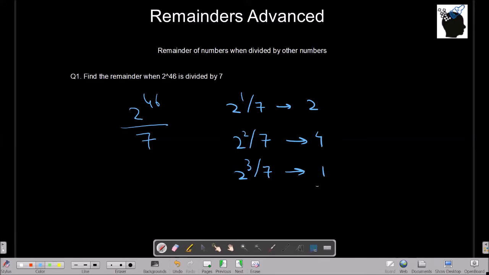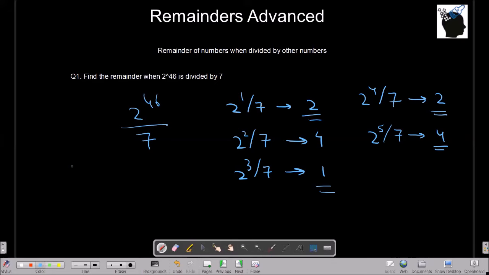Now notice that whenever you get a 1, the cycle repeats. That's an indication to you that the cycle is going to repeat, but we are still going to check it further. So 2 raised to 4, which is 16, when divided by 7, will give us 2 remainder. So it has started repeating. 2 raised to 5, which is 32, divided by 7, will give us 4 remainder. So I know the cycle of remainders of powers of 2 by 7 is 3.